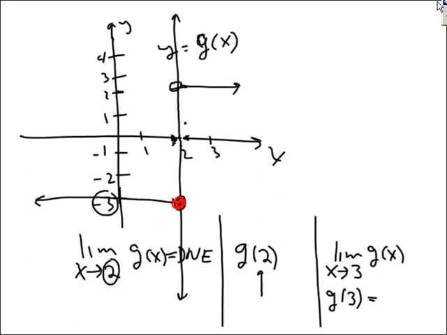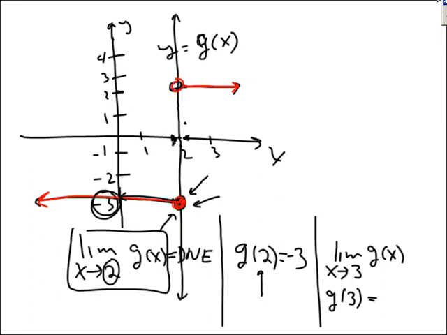It's this point and all points to the left, and it's not this point but all points to the right. This vertical line at 2 only hits the graph right here. And when I look across, I find the y value. g of 2 is -3. Notice that the limit as x approaches 2 and g of 2 were not the same answers. One did not exist, the other was -3.